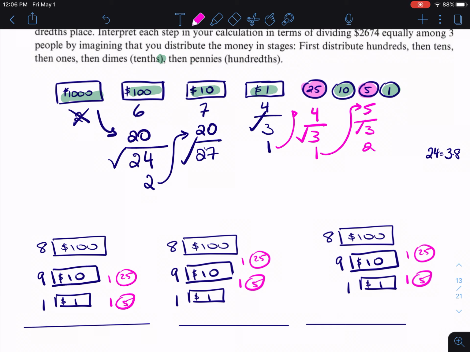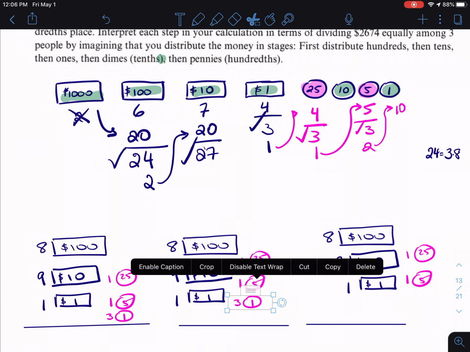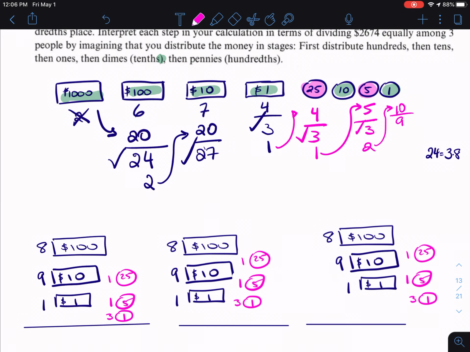Now that I could certainly split into 10 pennies, and then each of my people is going to get 3 pennies. So that will have accounted for 9, and I'd have 1 penny remaining.